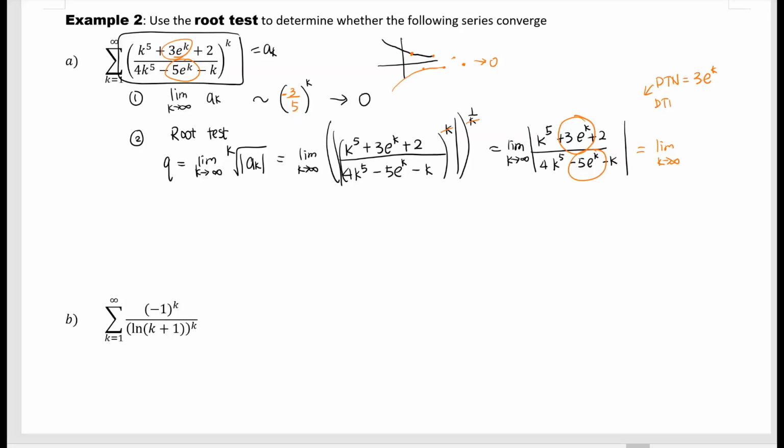Dominant term of denominator is negative 5 e to the k. But because of the absolute value, we just get 3 e to the k, and the negative 5 becomes positive. And e to the k cancel, we have 3 over 5. Okay, so our answer is 3 over 5. Well, that is less than 1, okay?